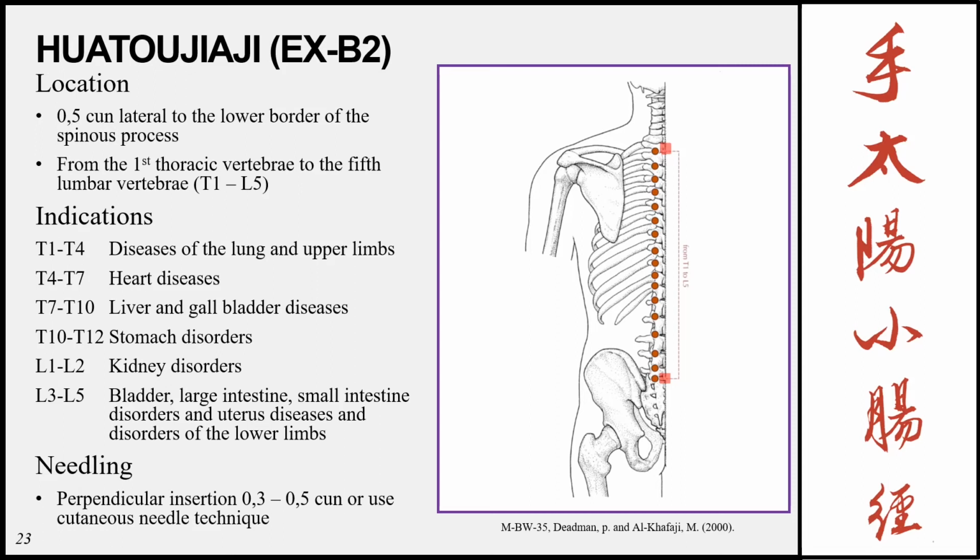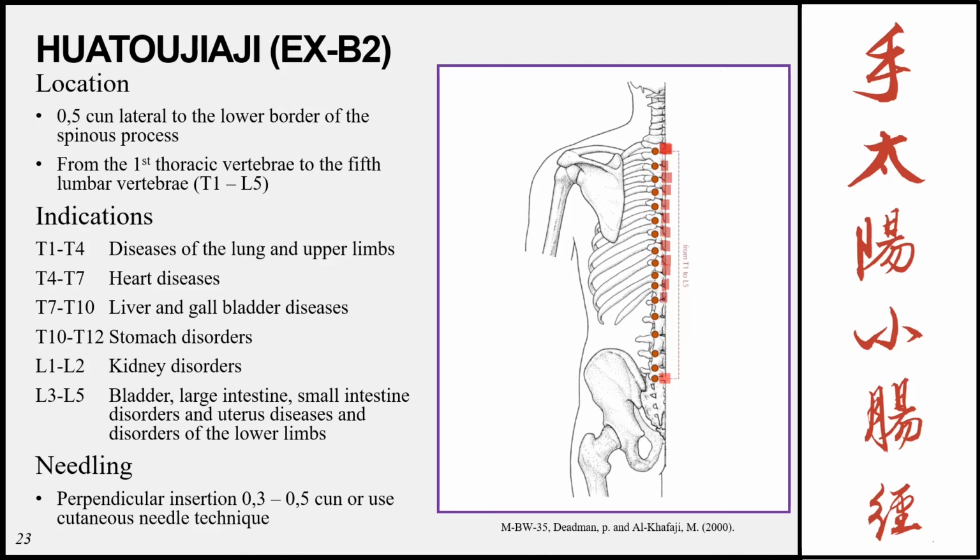So the indications of these points: the first set from T1 to T4 can be used for diseases of the lung and upper limbs. The second set from T4 over here down to T7 can be used for heart diseases. And then from T7 to T10 can be used for liver and gallbladder diseases. And then T10 to T12 for stomach disorders.